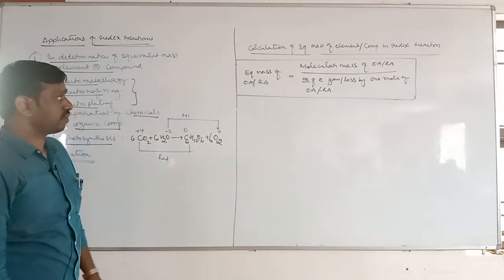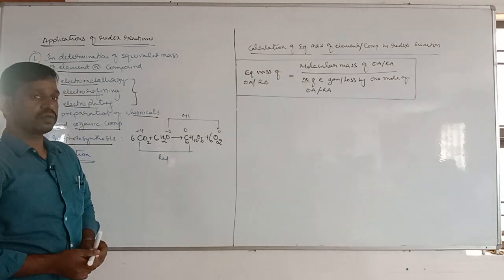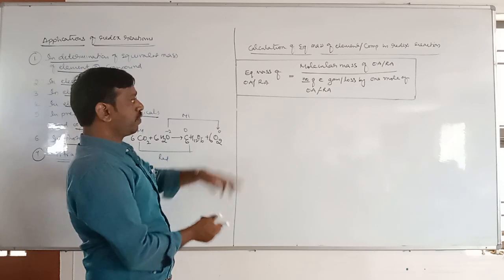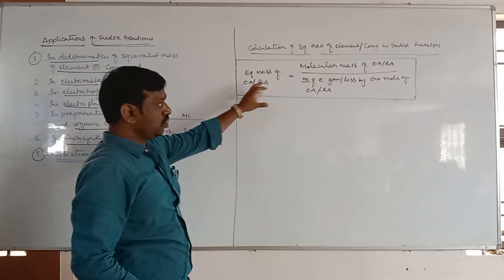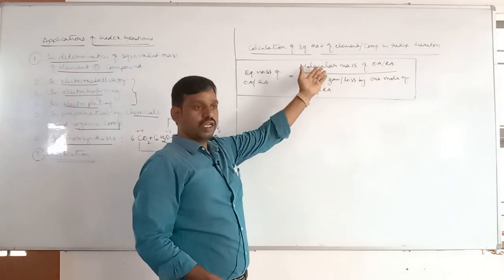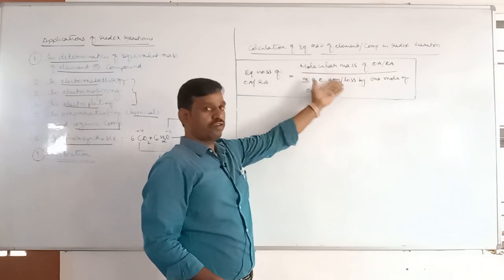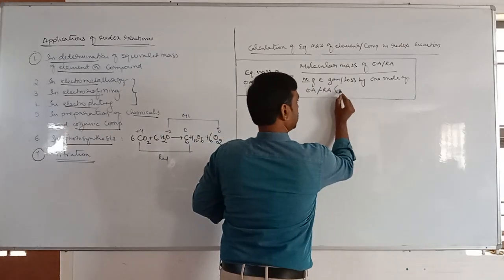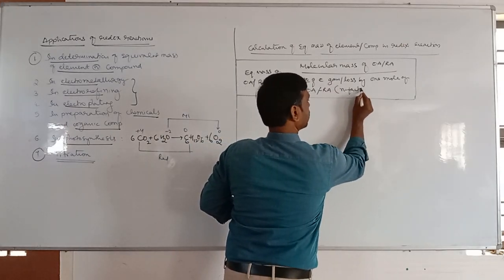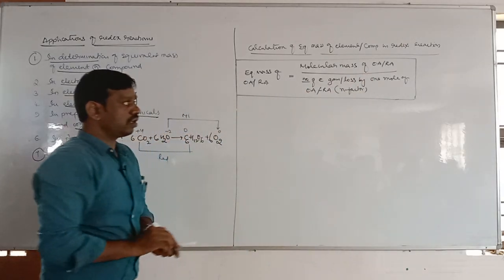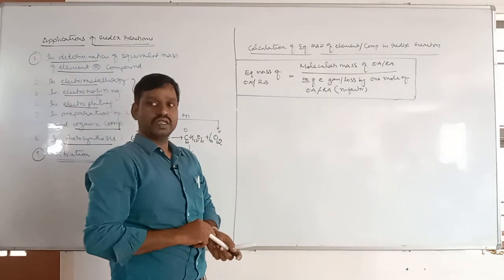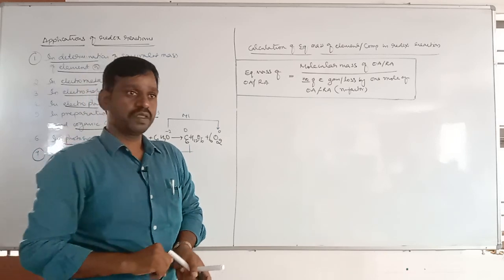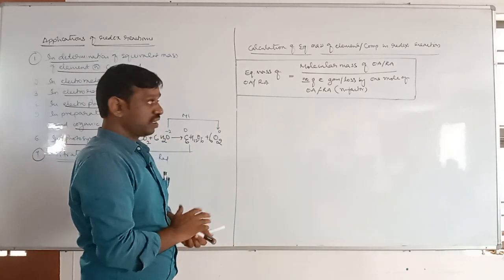Take down. So the molecular mass you can calculate from the atomic masses, and this is the n factor. N factor is nothing but the number of electrons gained or lost by 1 mole of oxidizing or reducing agent. So this is one equation.